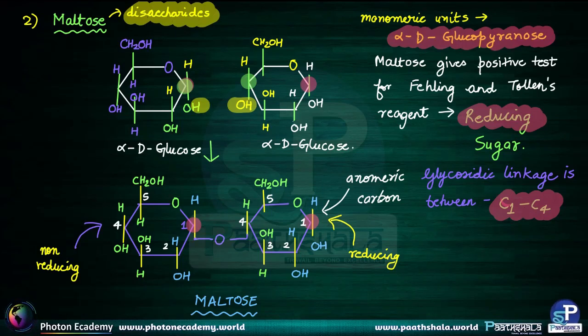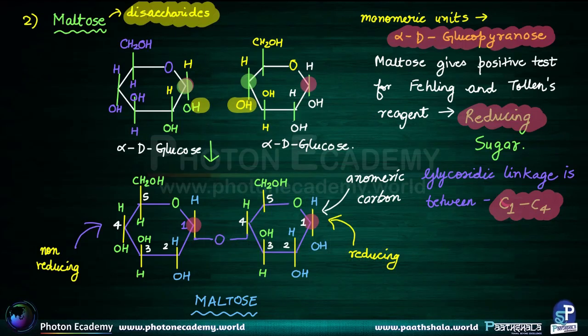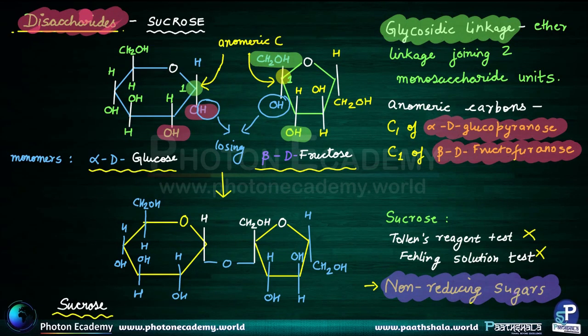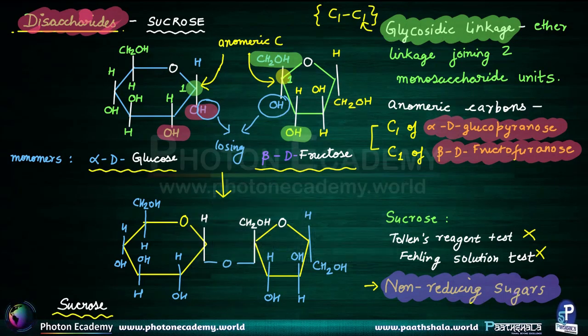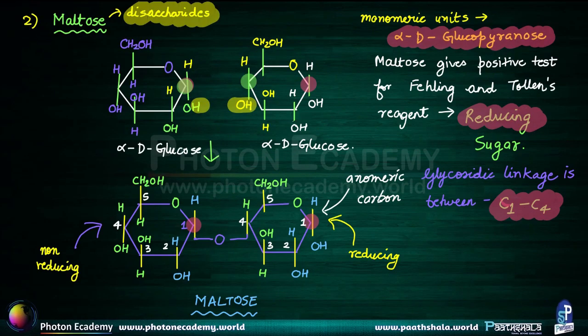Now, here we saw that the glycosidic linkage was existing between C1 and C4, but in the case of sucrose, we saw that the glycosidic linkage is between C1 of alpha D glucopyranose and C1 of beta D fructofuranose. So this is one point we have to keep in mind about the glycosidic linkage in both sucrose and maltose.